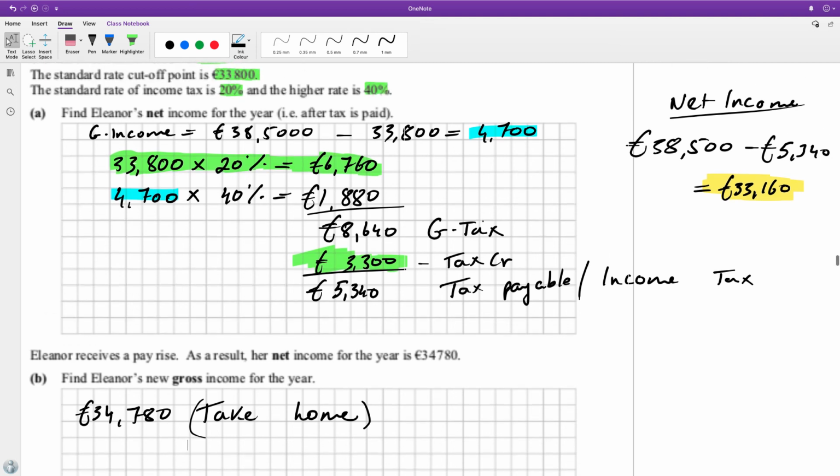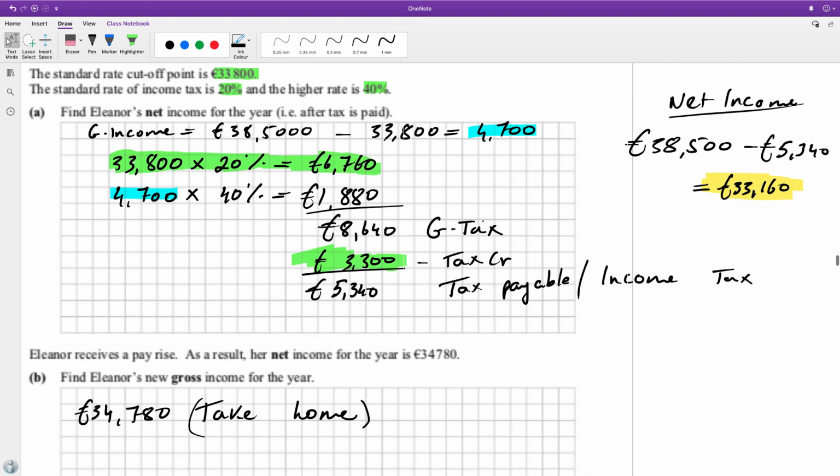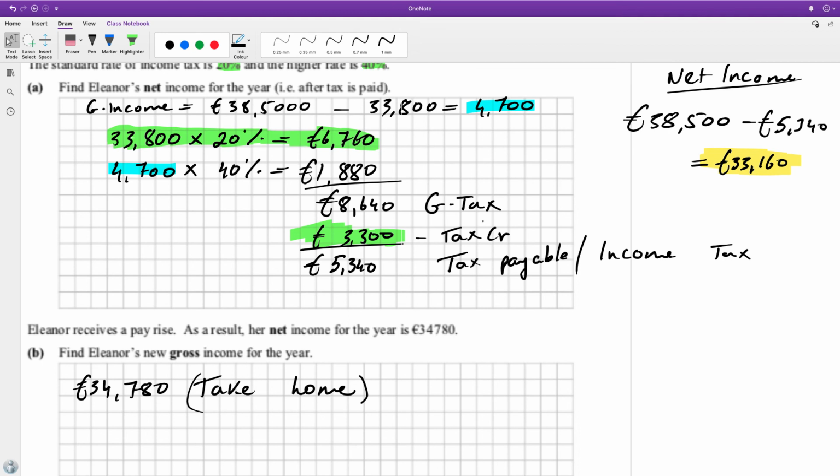Did she make more or less? Do we add the tax credit onto our take-home pay? We can't because, well, we can.